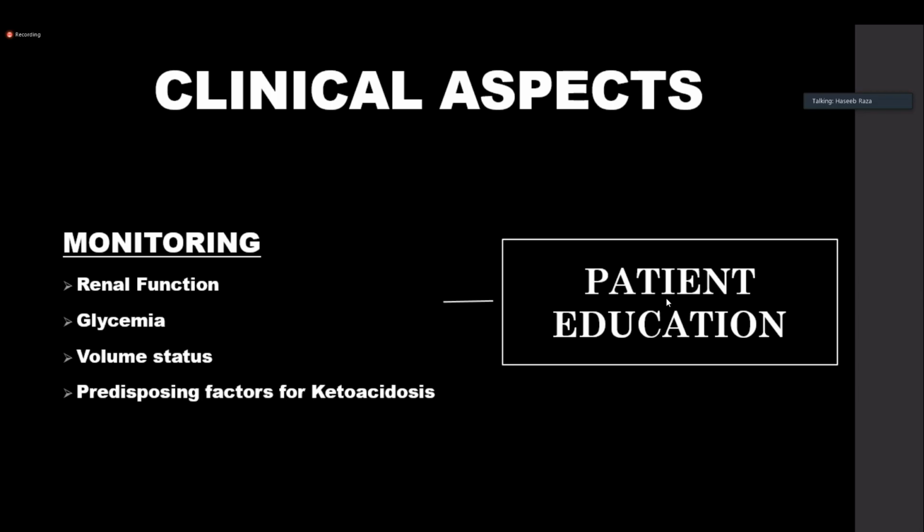Previously, I had only 2 plus glucose in the urine sample, but now I'm getting 3 plus glucose in the urine sample. So my diabetes is worsening. Of course, when you have more glucose in the urine, you will get an increase in the plus of the urine sample. So you have to educate them that this is nothing to get worried about. Just be conscious about your HbA1c level.